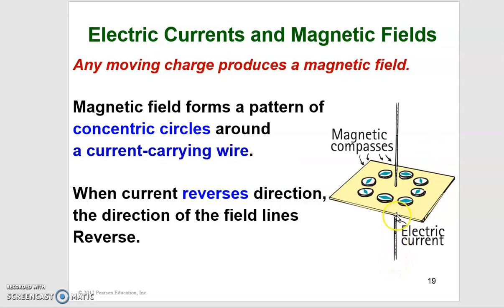This is the direction of the electric current. Use the thumb as the direction of your current, and now curl your fingers. The fingers will curl around the wire in the counterclockwise direction.